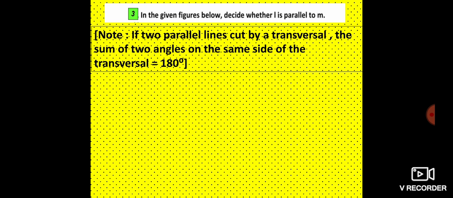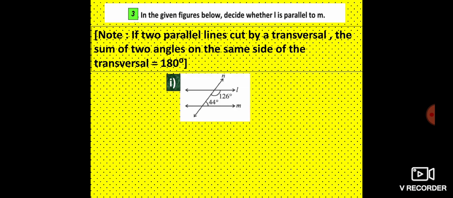So we have to check whether the sum is 180. If it is 180 degree, the given two lines are parallel. If it is not 180 degree, the given two lines are not parallel.